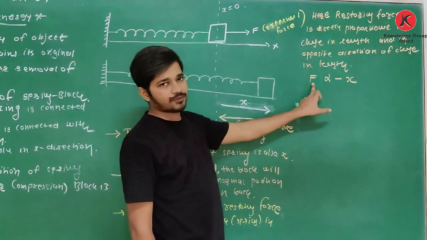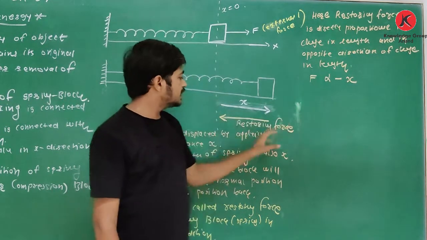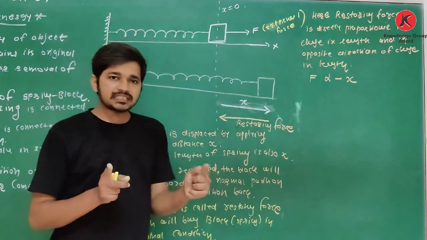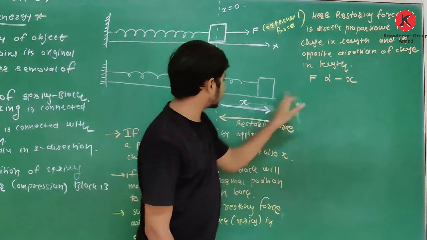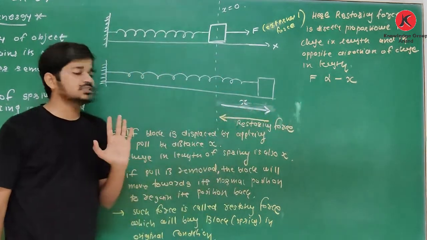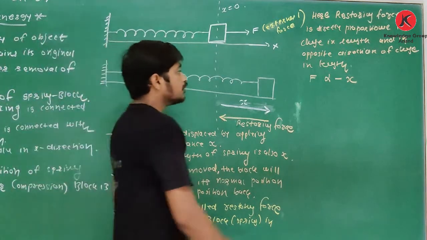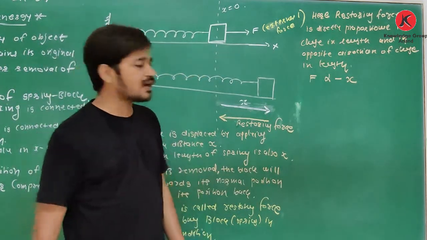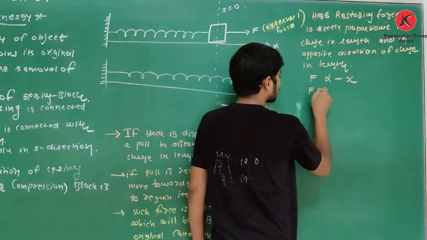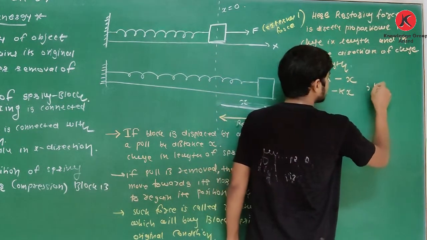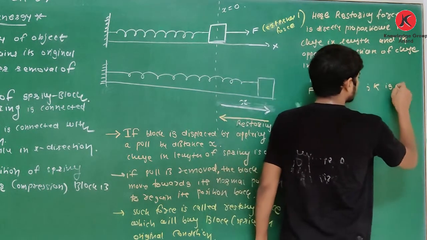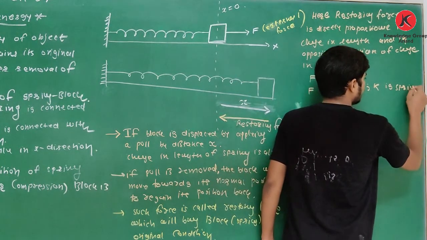Restoring force F is directly proportional to x. As change in length increases, restoring force also increases. Why the minus sign? Because they are in opposite directions. To remove the proportionality, I have to add some constant, that is, F is equal to minus kx. What is k? k is called the spring constant.